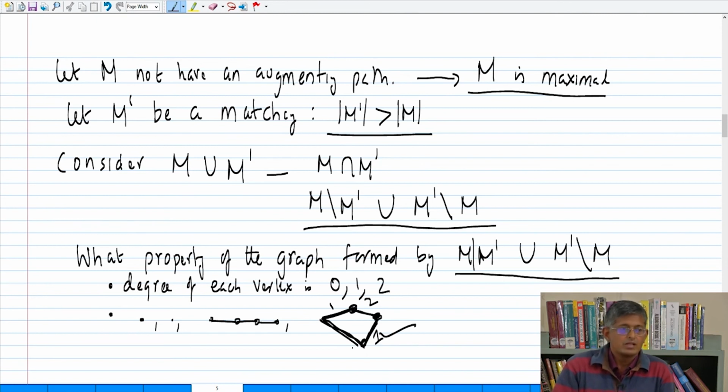Similarly, if you look at a path which is there, the edges will alternate between the 2 matchings. So, it will be in the first matching, this will be the second matching, and this will be in the first matching. Of course, it is quite possible that it could end at the second matching also.